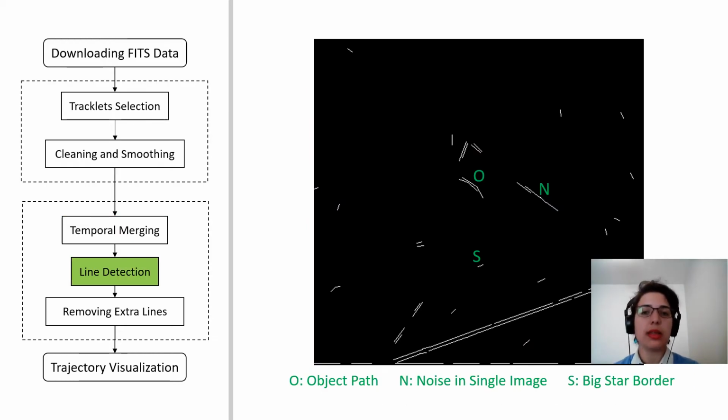A line segment detection method named LSD is applied on the merged image. As you can see in the mask, which has resulted, the three types of lines remained: the object path, the noises in single images, and the borders of large stars.